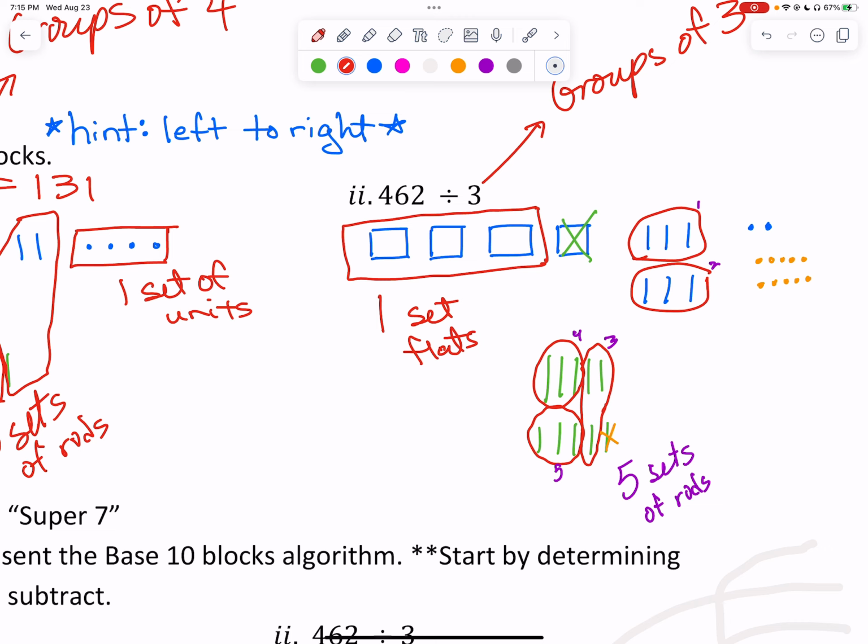There's a set of 3. There's a set of 3. There's a set of 3. Oh, and there's a set of 3. So we have 1, 2, 3, 4. We got 4 sets of units. So my answer is going to be 1, 5, 4.